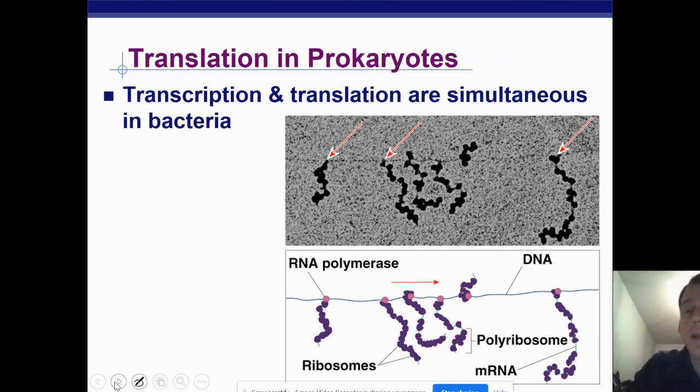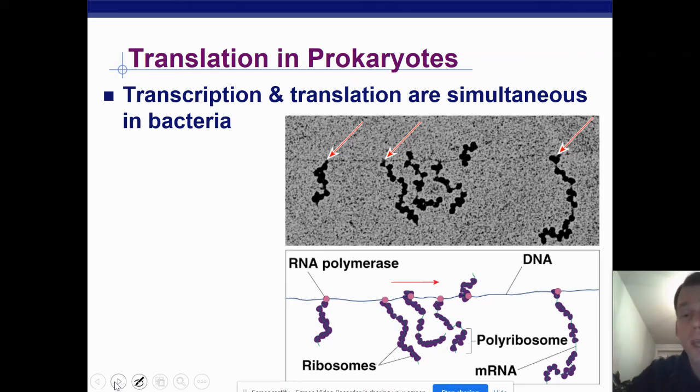The mRNA doesn't have to be spliced. There doesn't have to be any processing. We don't have to worry about histones on the DNA. We can just make the mRNA, and then we can attach the ribosomes right to the mRNA as it's being transcribed, right? There's no exiting the nucleus into the cytoplasm.